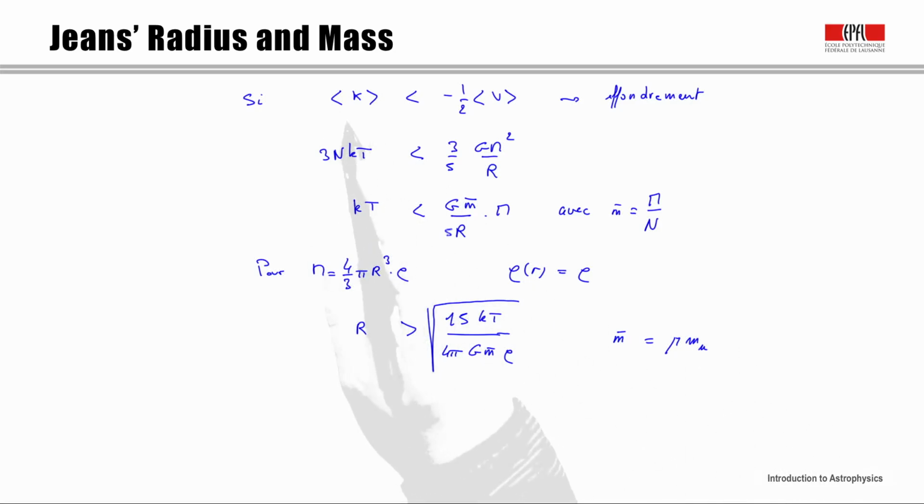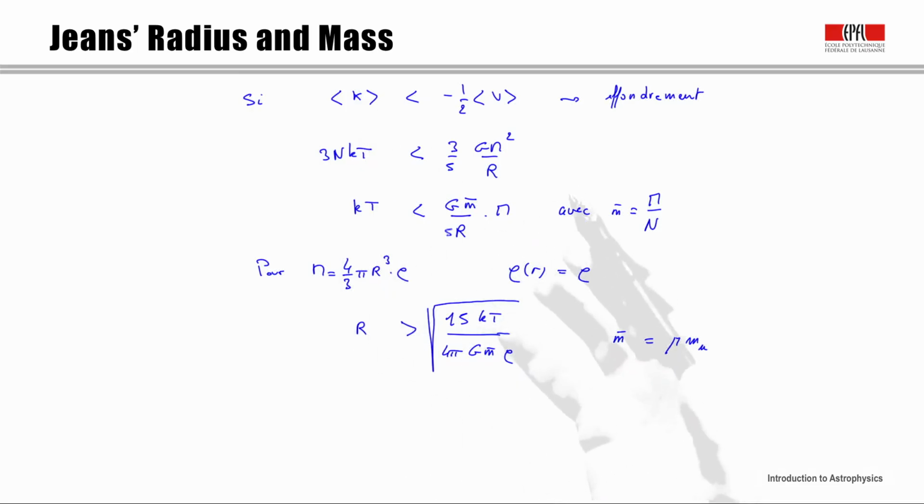If there is a lack of kinetic energy to support the shape of the cloud, then it will collapse. And the inequality we wrote here comes to defining a critical radius, which is the minimum radius a cloud of a constant density can have before collapsing.